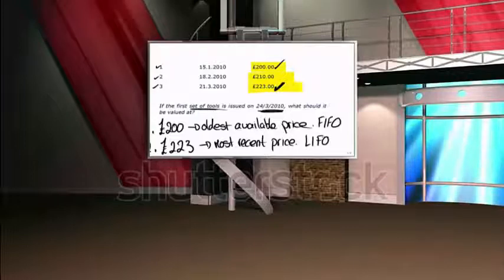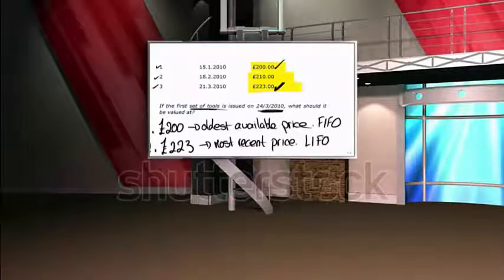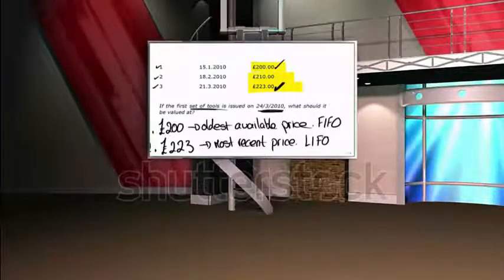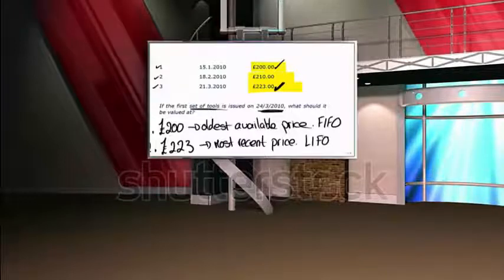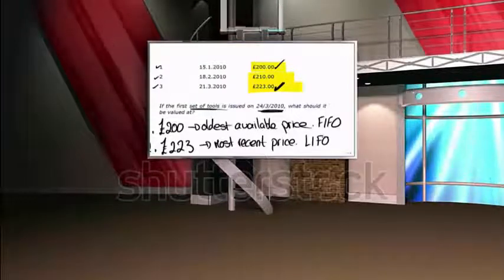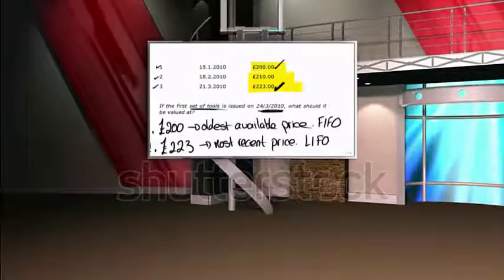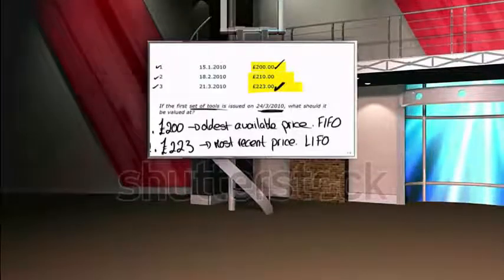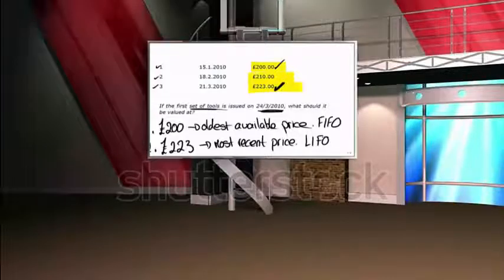This is the last in, first out method, or the LIFO method. Under the LIFO method, when we are issuing materials to production, we issue the most recently purchased material available and use that purchase price to value the issue.